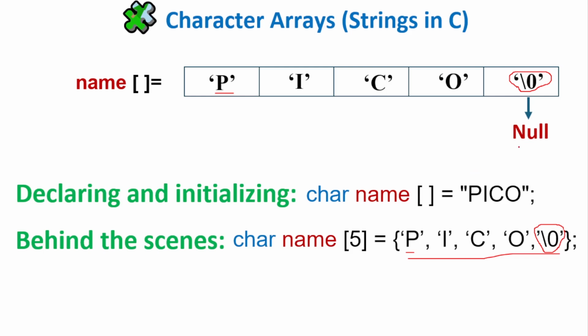For example, when we write a definition with 5 elements and assign the characters P, I, C, O, and the special terminator \0 or null character, the compiler stores each character in a separate memory location and automatically treats the array as a proper C style string.